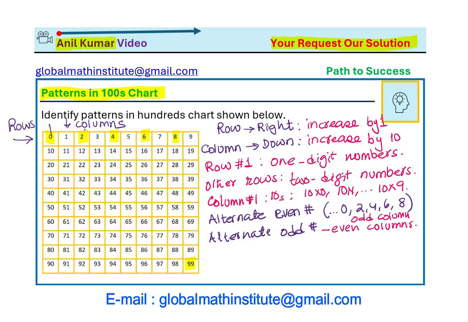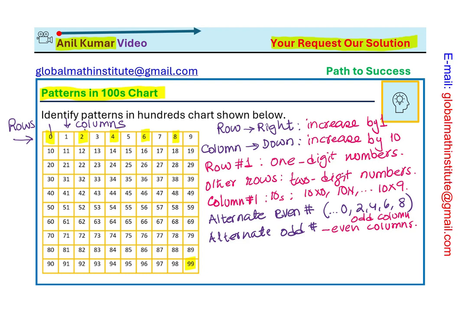One suggestion is to include integers with negative numbers. So instead of beginning from 0, we could start from, let's say, minus 50. So that's a new chart for you.